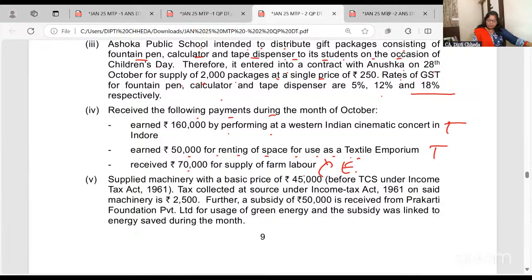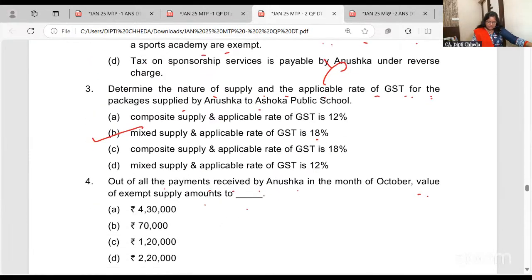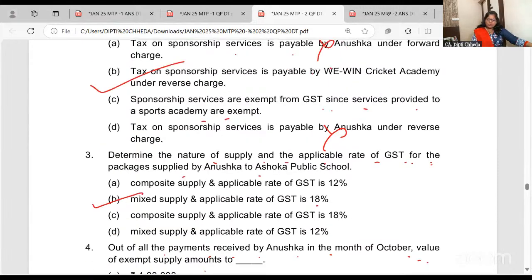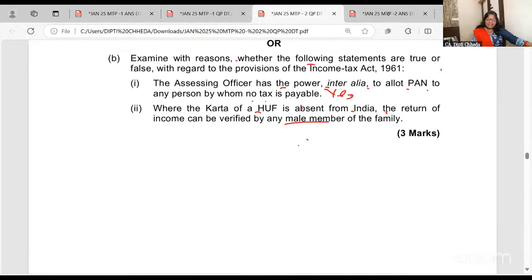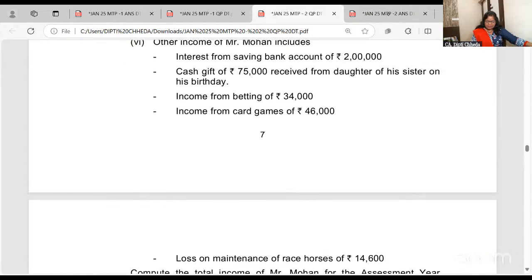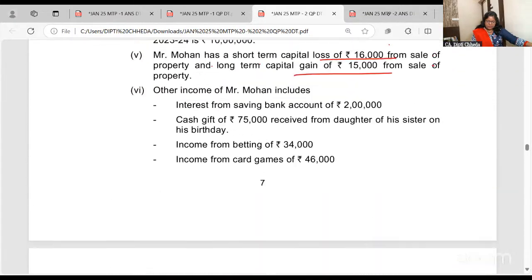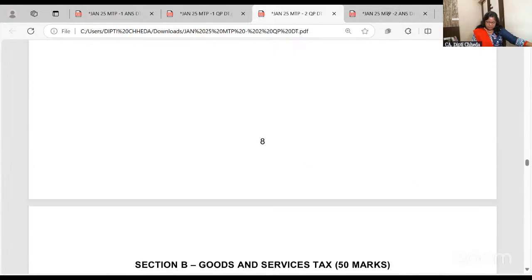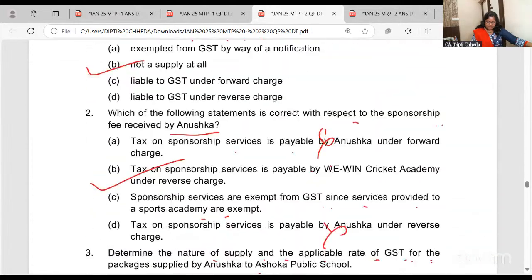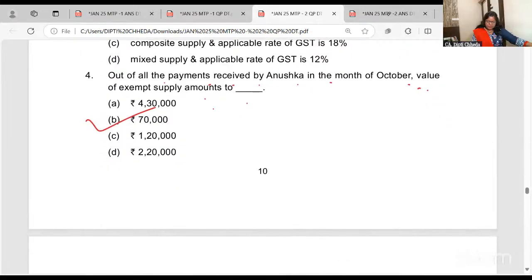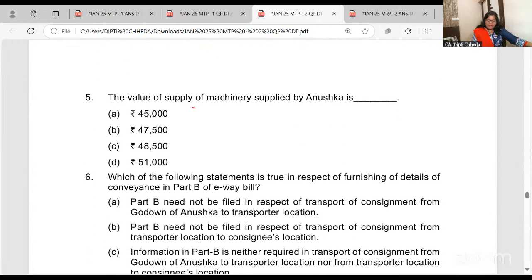So in the fourth one, the question is, out of the amount received, what will be exempt? Only labor. Rest two will be definitely taxable. Rest two will be taxable, बेटा. अभी आपको बताया ना. ये दोनों taxable.